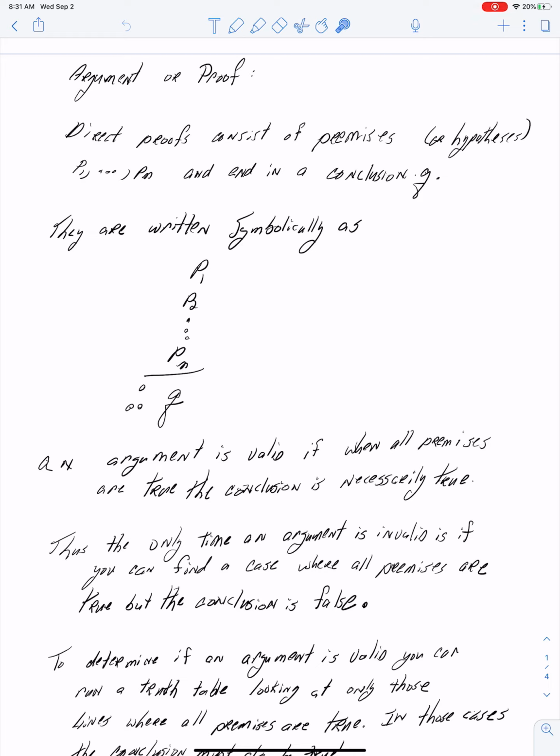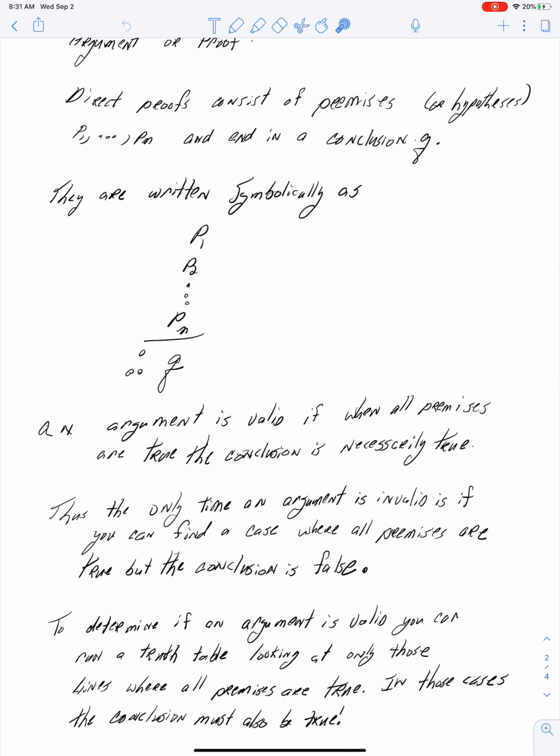Now, traditionally in a mathematical system, these premises are assumptions for our theorem. So you have a set of premises. We'll call those P1 through Pn. P for premises, get it? And then we have a conclusion Q, which I probably should call C, right?